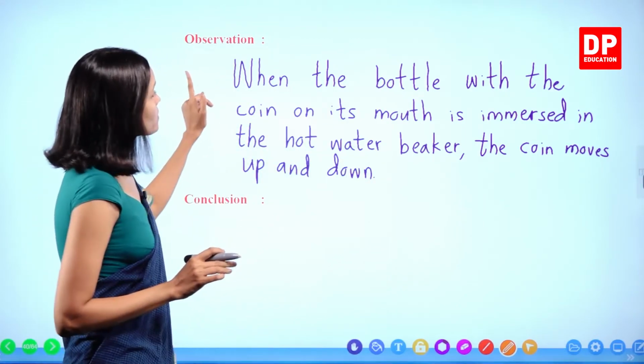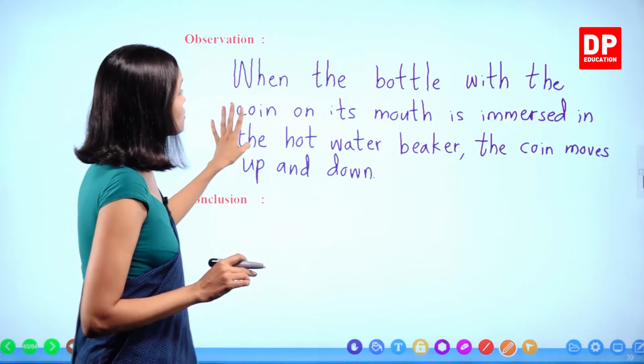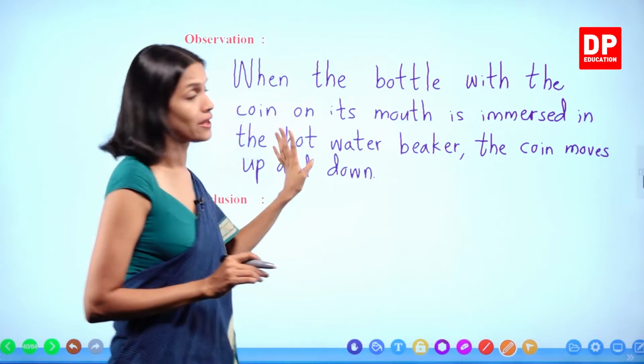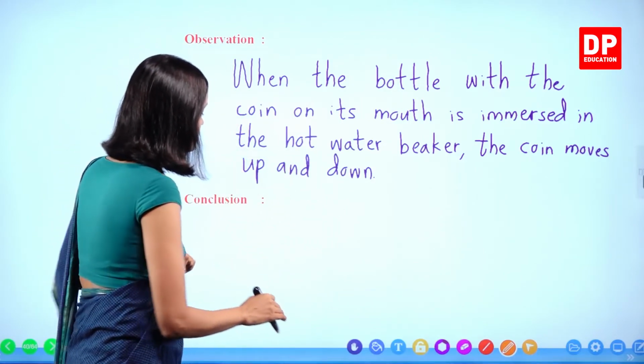Right? When the bottle with the coin on its mouth is immersed in the hot water beaker, the coin moves up and down. Right? What is the conclusion?